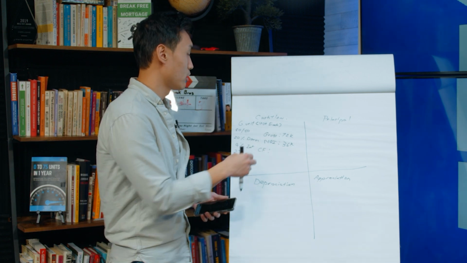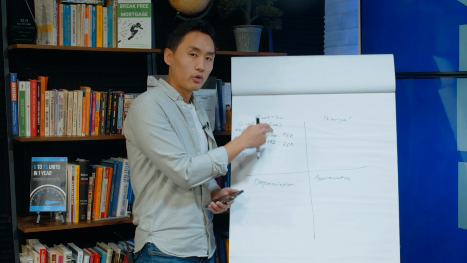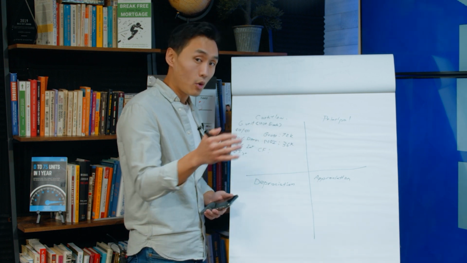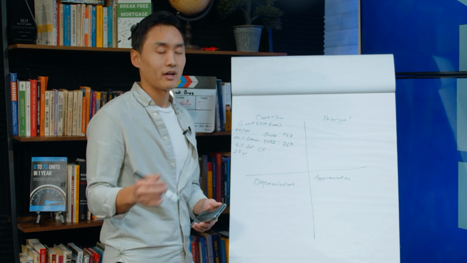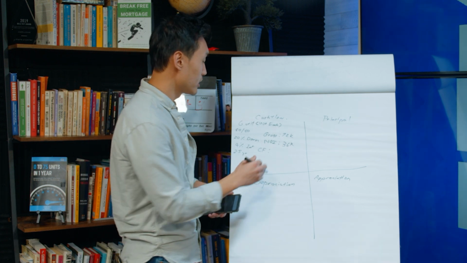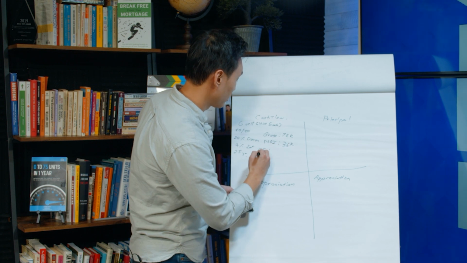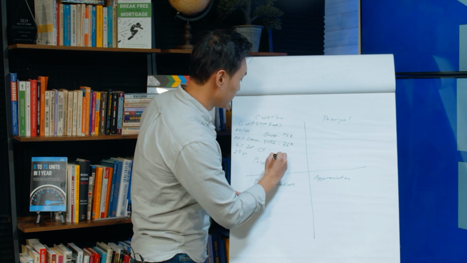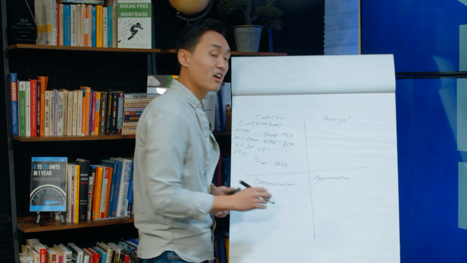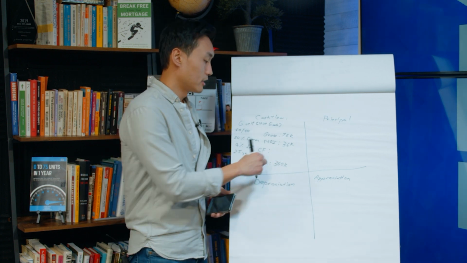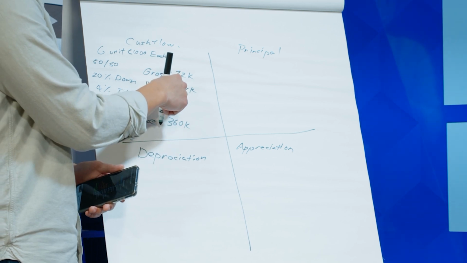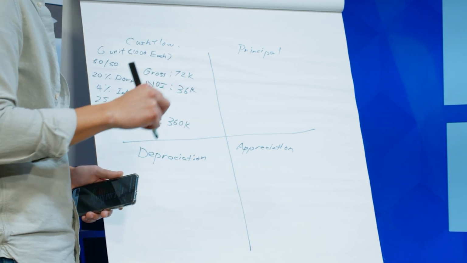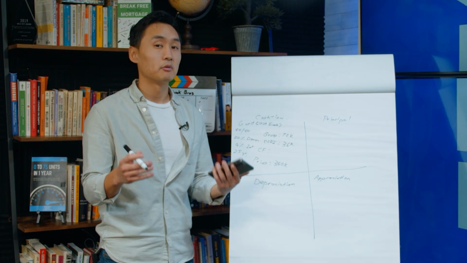Okay, so in this scenario, we know that our NOI is $36,000. And we know that our purchase cap rate is 10%. So doing the simple math, following the equation that was just on the screen, we're going to go ahead and say that the purchase price is $360,000, right? Because if we do the math, NOI of $36,000 divided by price of $360,000 gives us 0.1, a 10% cap rate.